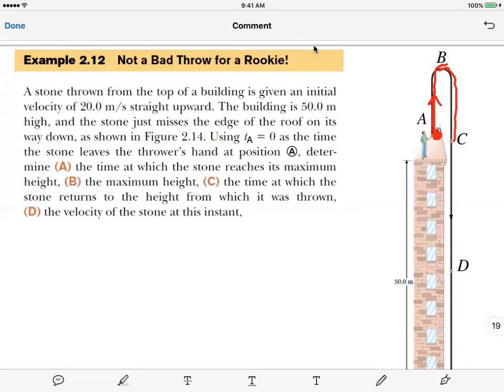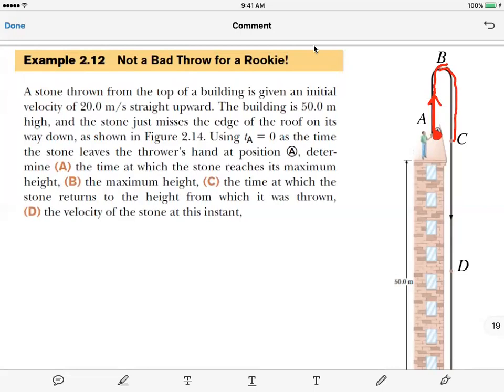The maximum height itself. So how much is YB minus YA? How much is the height of B with respect to the point where it was thrown up, so with respect to A? What is the time at which the stone returns to the height from which it was thrown?